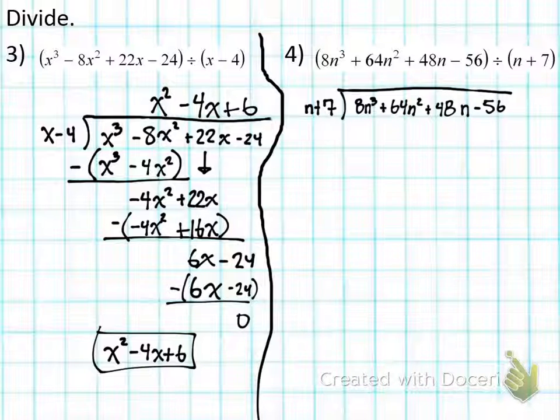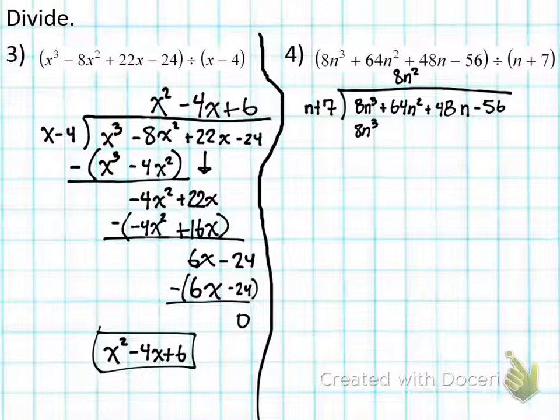Here we go. What do I multiply n with to get 8n cubed? I ask myself. You multiply by 8n squared. 8n squared times n is 8n cubed. 8n squared times 7 is positive 56n squared.